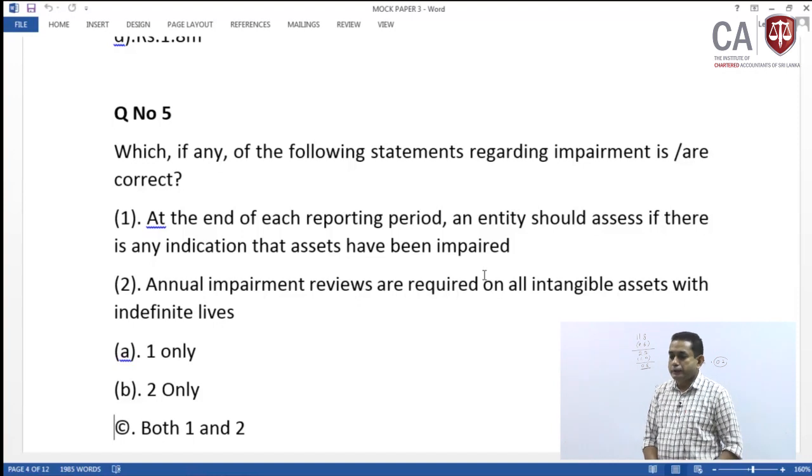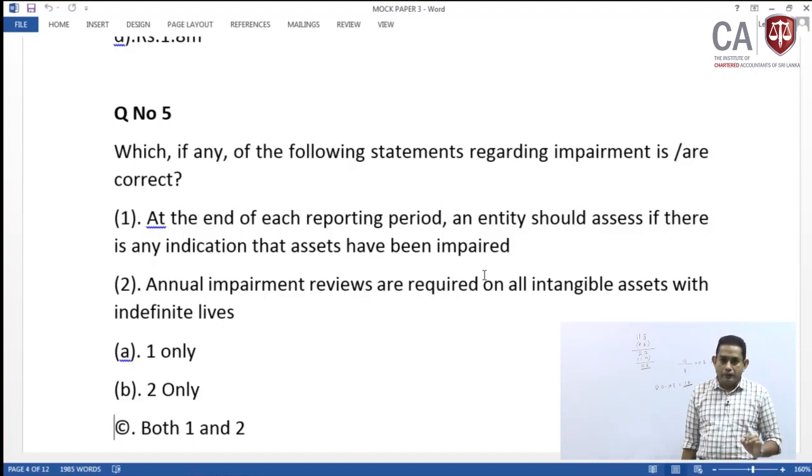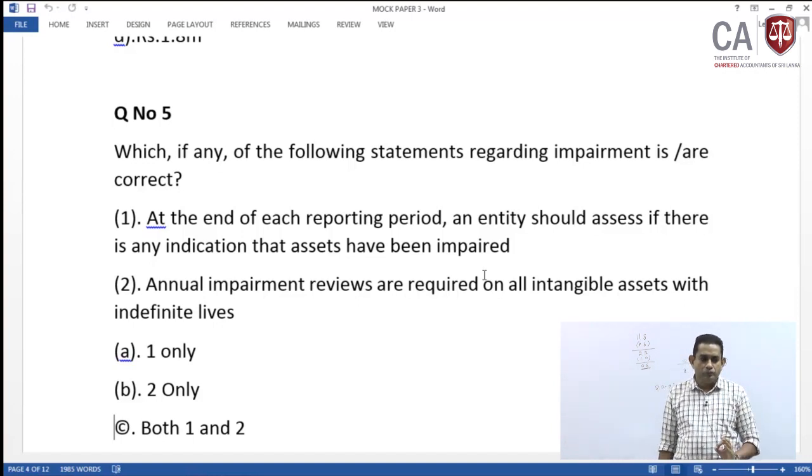Also, IAS 36 requires annual impairment reviews to be done for intangible assets with indefinite lifetime, where the lifetime is not certain. Also, you need to conduct impairment reviews for intangible assets that are not yet available for use.